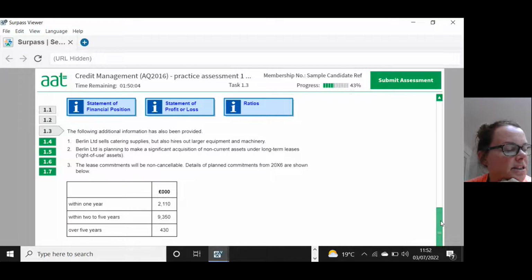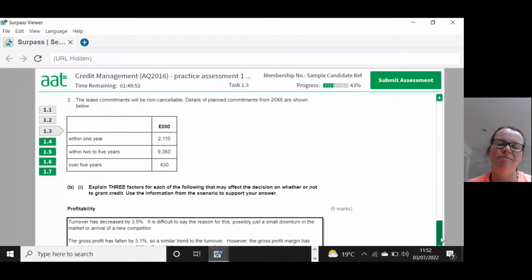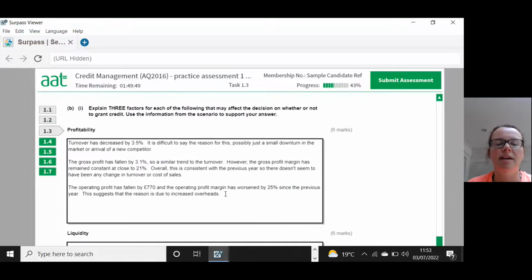So I'm just looking at their suggested answers. So they've said here, this fall may be because Berlin has changed its method of distributing equipment as distribution costs have increased. All right, so nothing too exciting. So we could just say distribution and admin costs have increased, which is perhaps surprising.